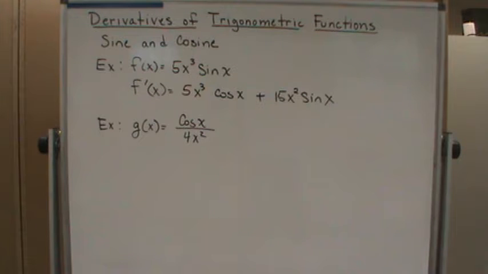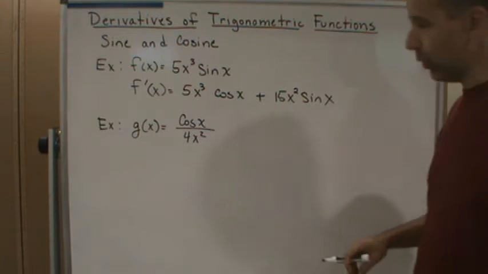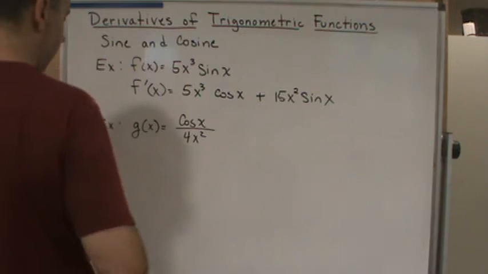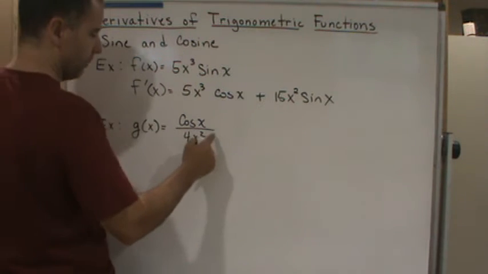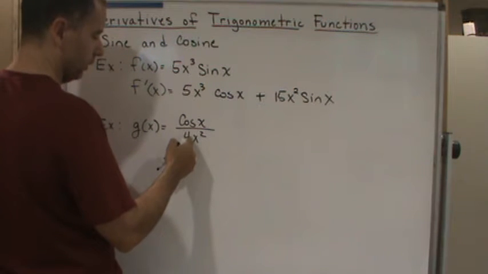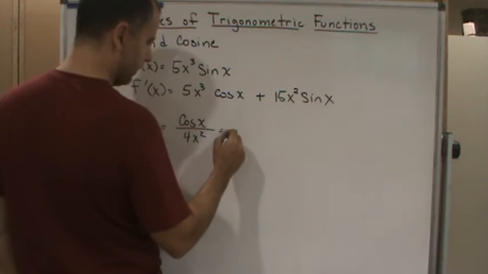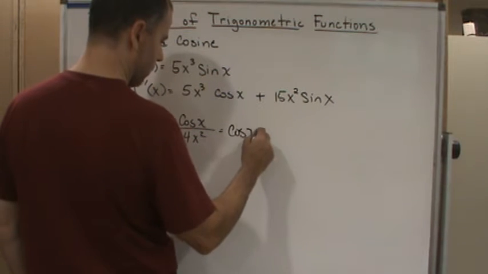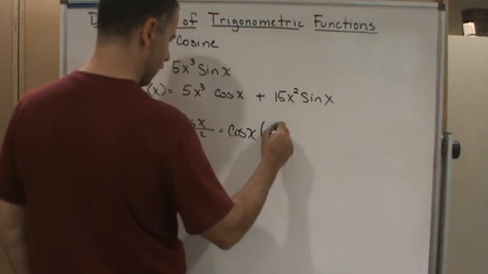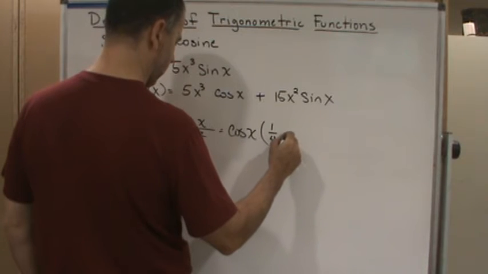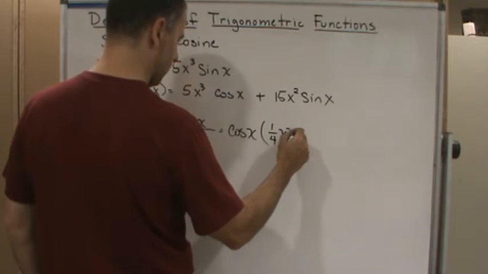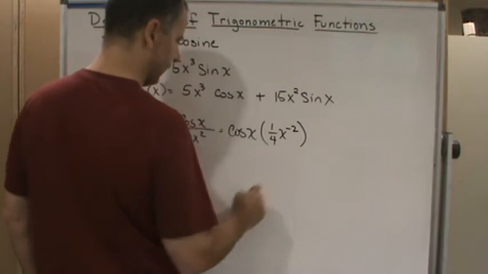Okay, now let's do the next one. Now the next one, I'm going to use the quotient rule, but you could split this up into a product, right? So I could write this as cosine x times 1/4 x to the negative second, right?